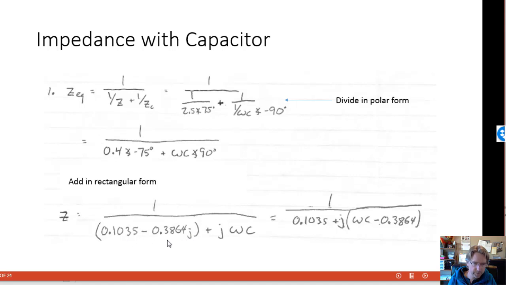The old phasor conversions, omega c with a phase of 90 becomes j omega c. It's all in the imaginary axis. Now we can add them together. There's only one real part. We can combine the imaginary parts here, and that gives us our total impedance Z for the factory, including the capacitors.